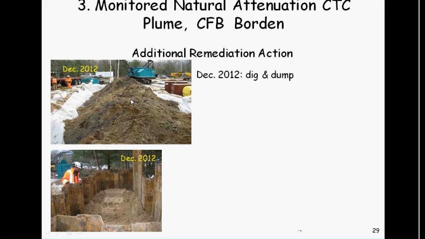Clearly there was a zone of high concentration, but diluted with the rest of the sand, it was acceptable for a normal landfill. In fact, the base took that sand and used it for construction purposes. So we dug out that sand, then we backfilled with clean sand that the base provided us, then removed the sheet piling, and we've now forgotten about that source. It no longer is there.